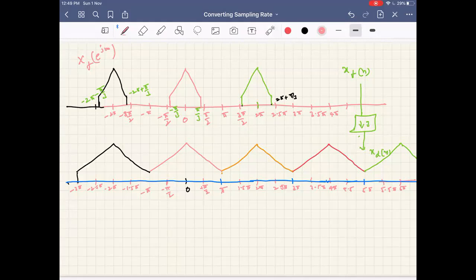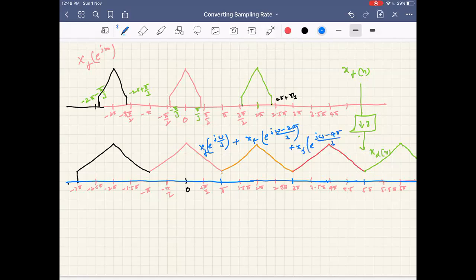So this is now xd of e power j omega, which is x of e power j omega by 3. Okay, this is xf you should write, plus xf of e power j omega minus 2 pi by 3 plus xf of e power j omega minus 4 pi by 3.